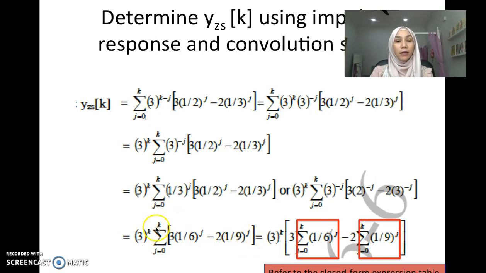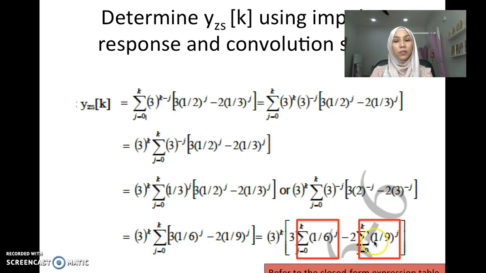Alright, and then we separate both of these. When you separate it, you get 3^k, and then put the 3 outside, summation from j=0 to k, (1/6)^j minus 2, the summation j=0 to k, (1/9)^j.